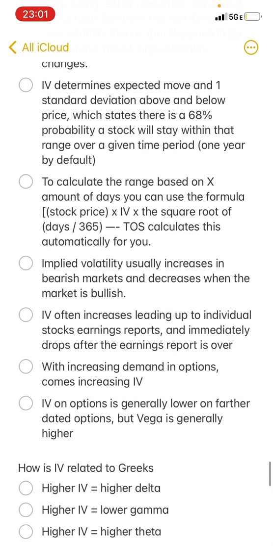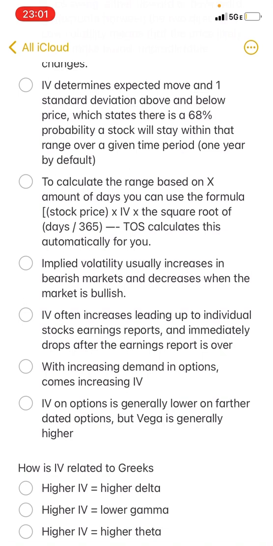IV determines the expected move at one standard deviation above and below price. That's what I was saying above, which states there's a 68% probability a stock will stay within that range over a given time period. It's one year by default if you're looking at the IV on a current stock.